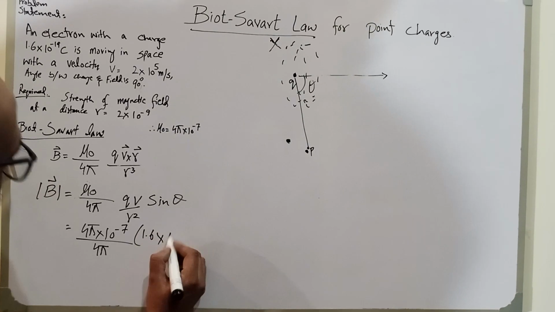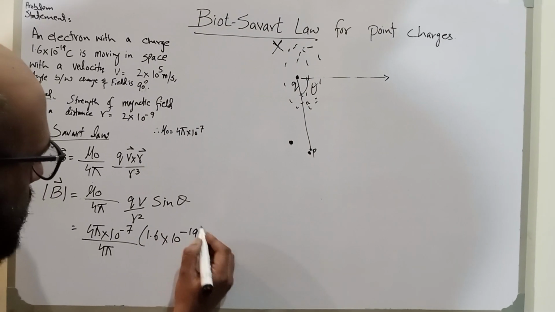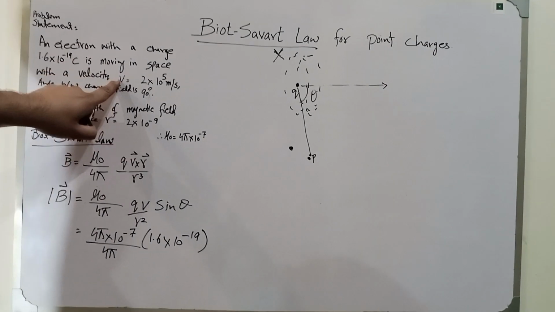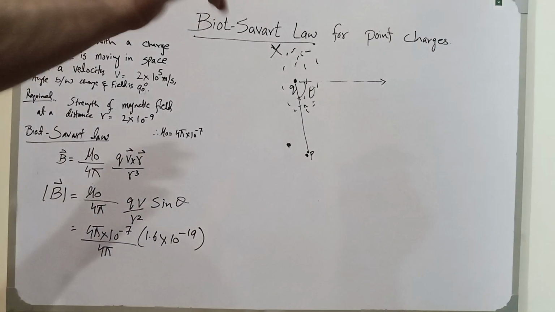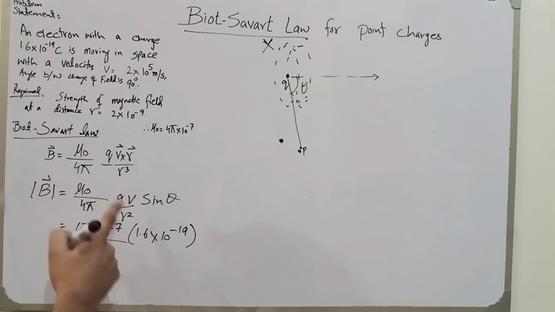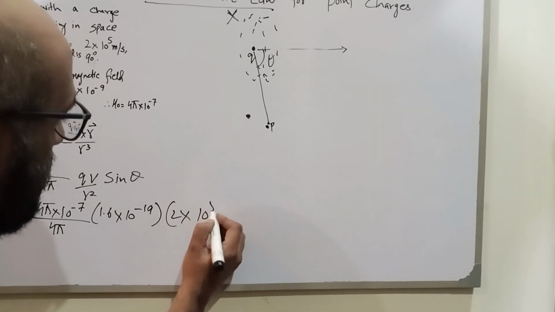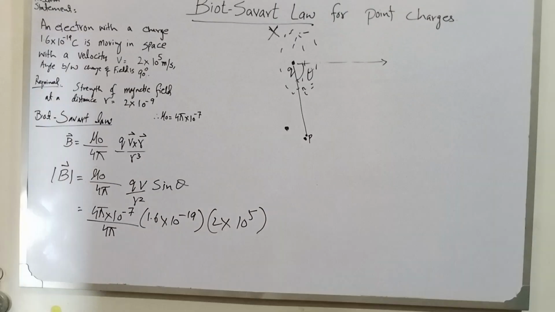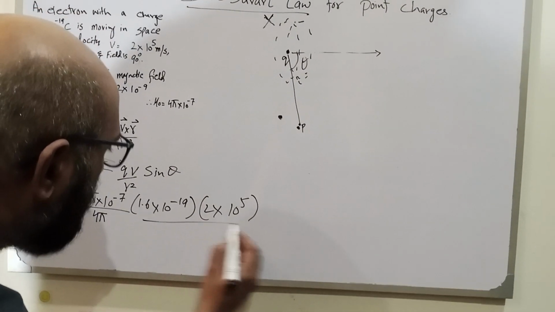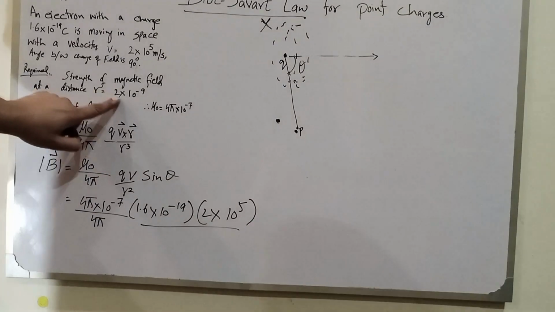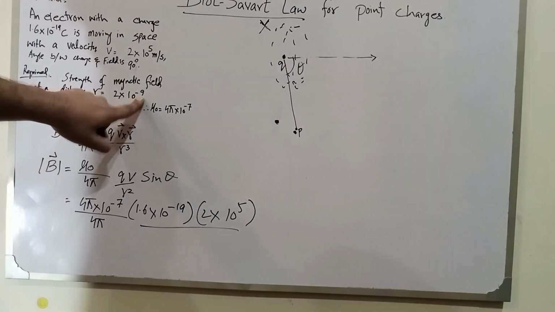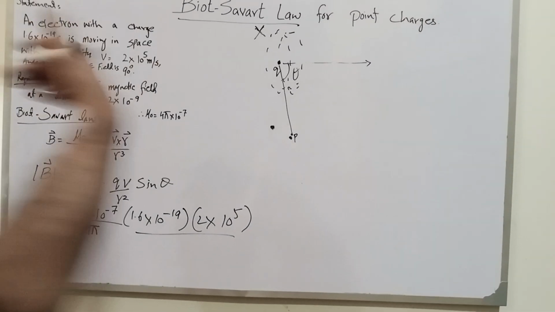It's 1.6 multiplied by 10 raised to the power minus 19 into the velocity. This is the velocity at which the electron is moving. So I'm substituting the velocity as 2 multiplied by 10 raised to the power 5, right? Divided by r. Now r is this 2 multiplied by 10 raised to the power minus 9 meters away from the moving subatomic particle.